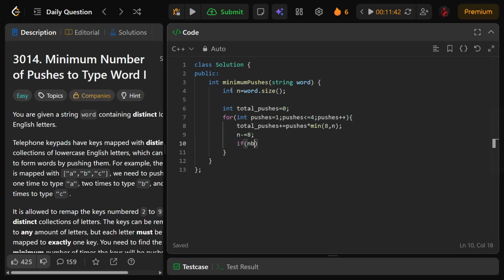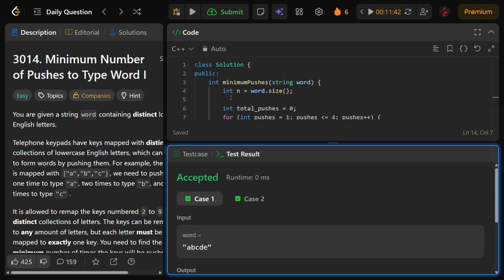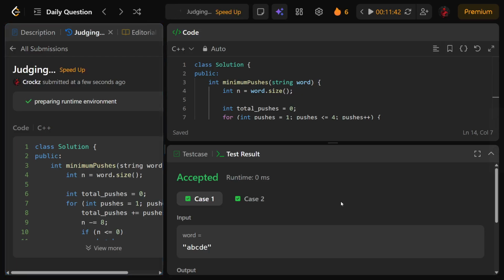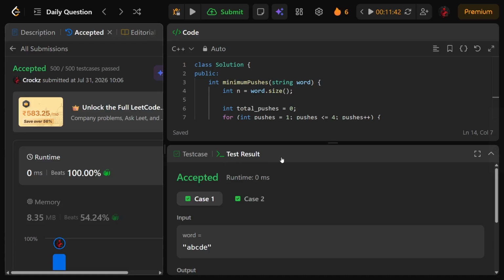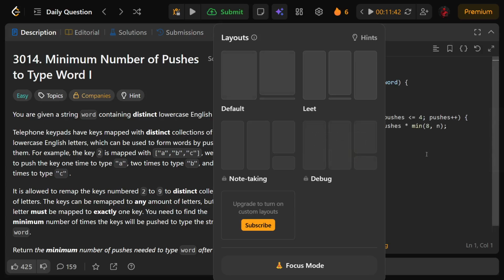If your n is less than or equal to 0, just break. Understanding, right? Just return the total pushes. It is getting fast. Let's try to submit. Yeah, it got accepted and beats 100% of the users.